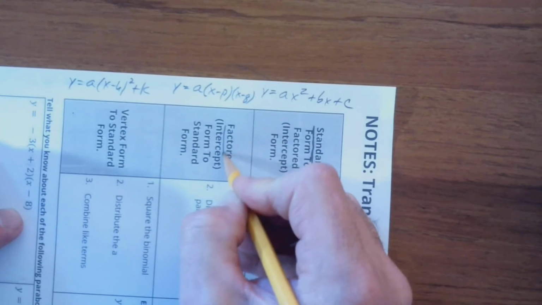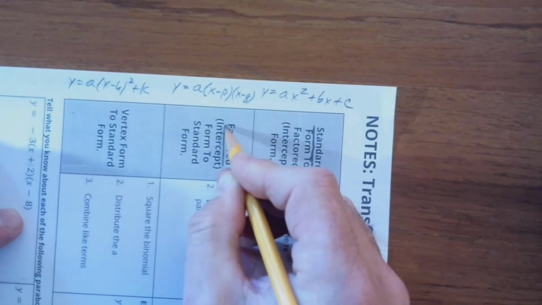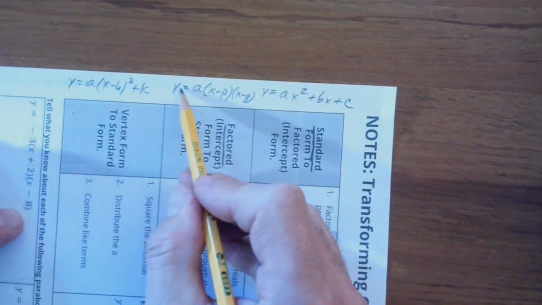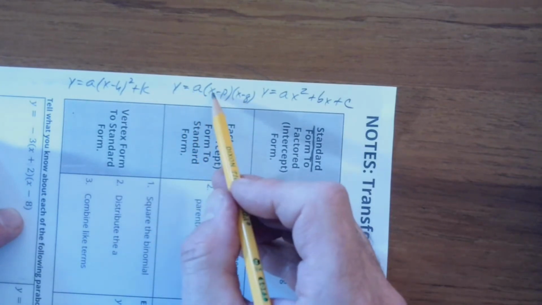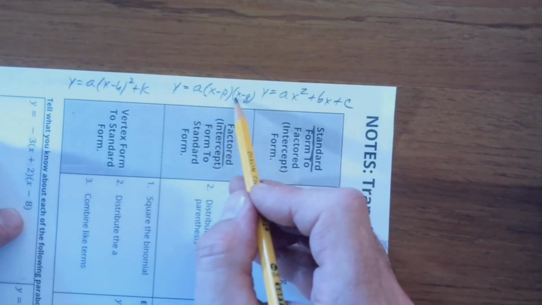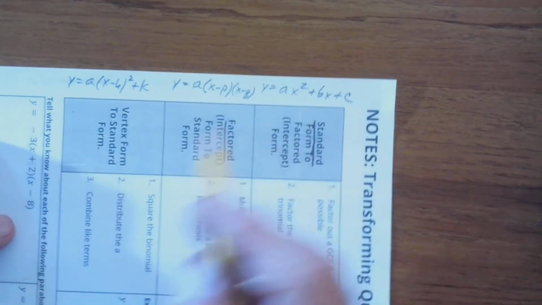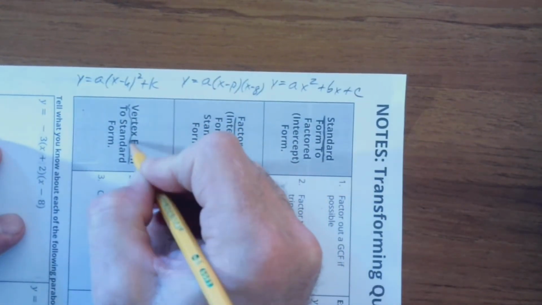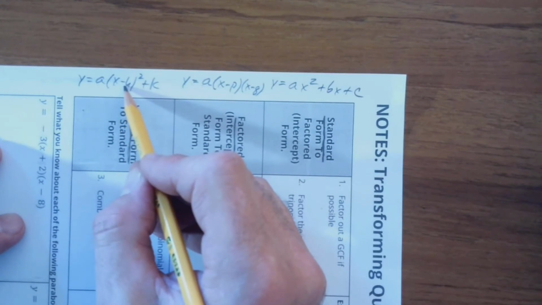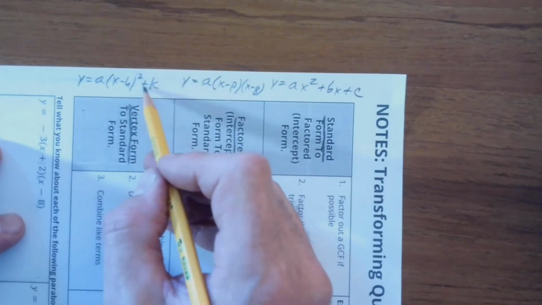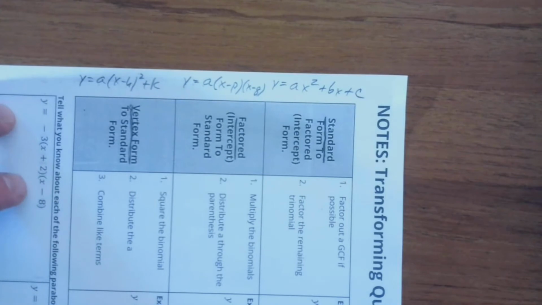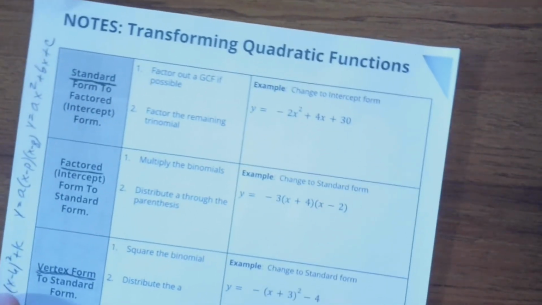The next one down is factored form, which is y equals a times (x minus p) times (x minus q). And then the third one down is vertex form, which is y equals a times (x minus h) quantity squared plus k. All right, so keep in mind if you need to pause the video at any time, you may do so.